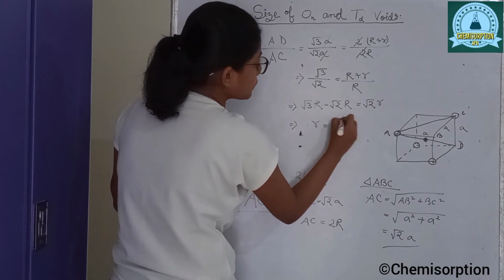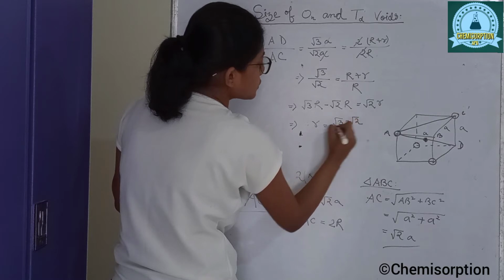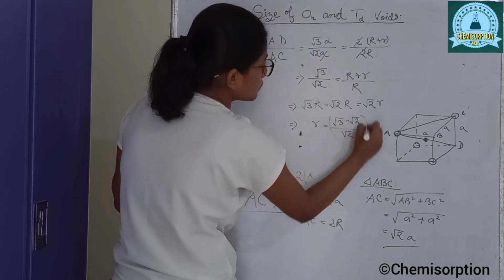Therefore r is equal to root 3 minus root 2 by root 2 times R.